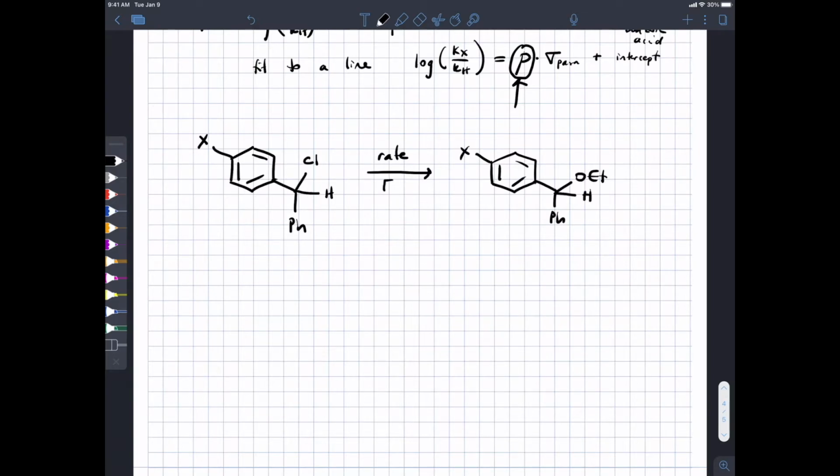And let's say we're using ethanol as our nucleophile. So this is a substitution reaction, right? So let's talk mechanism.